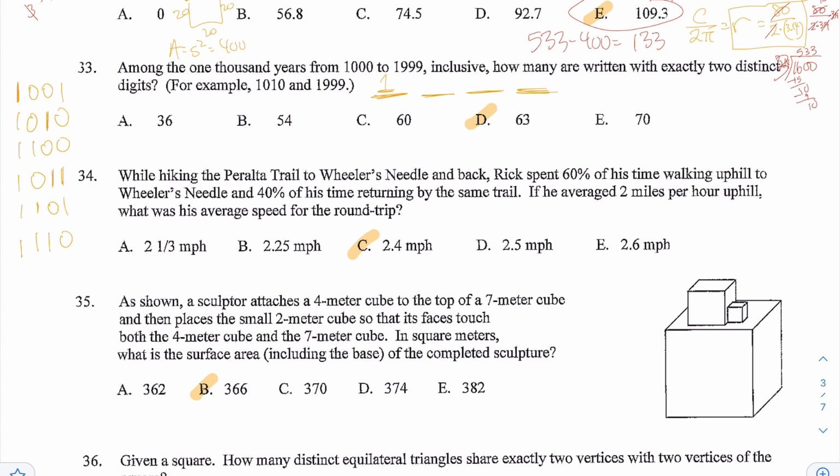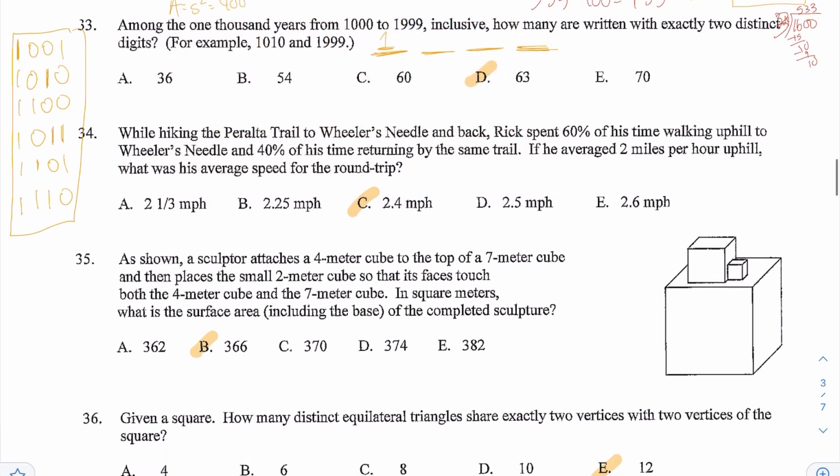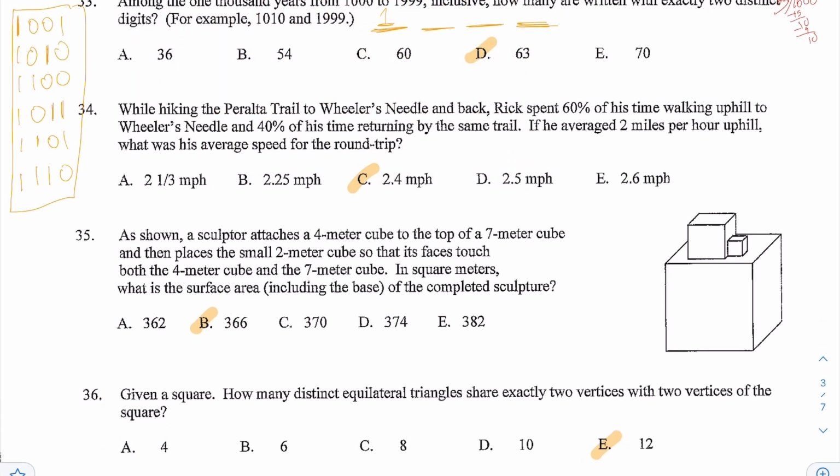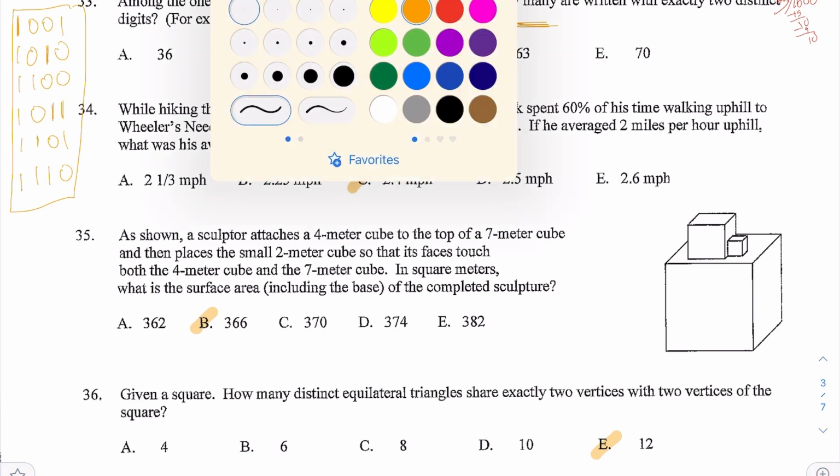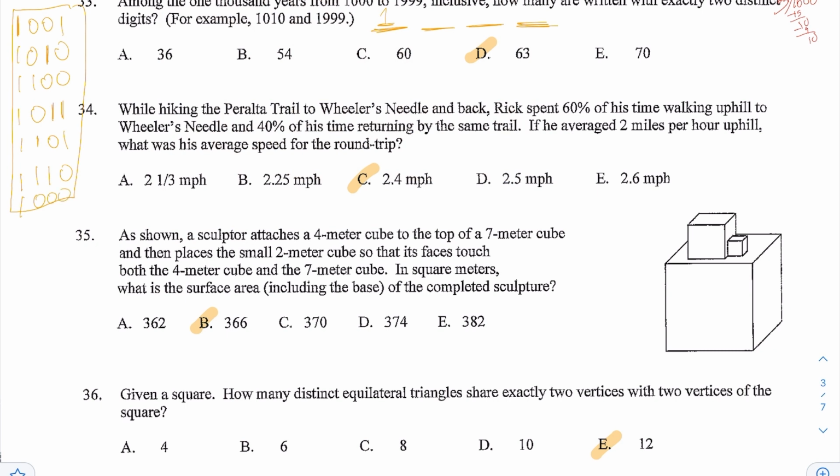So that would be everything with 1s and 0s. Oh, there's also one more, 1,000, because it's inclusive, which means you want to include the endpoints. So there are 1, 2, 3, 4, 5, 6, 7 different ways to do this.